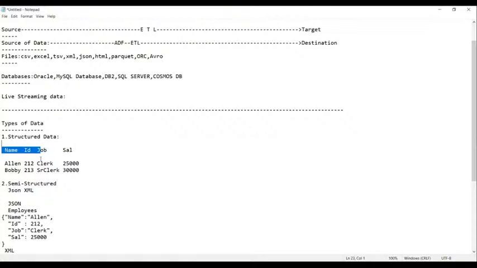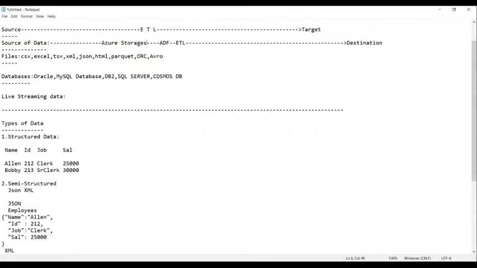Before we start the process of ETL, or we apply ADF on the data, we require to store the data in Azure. That means we call it Azure storages.